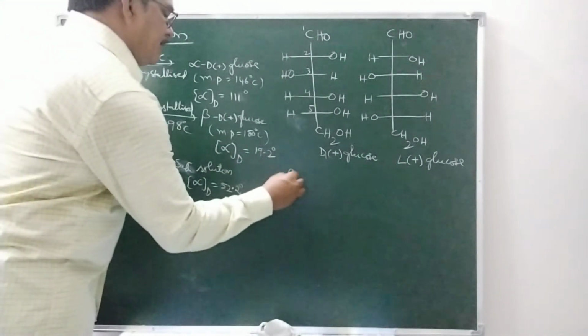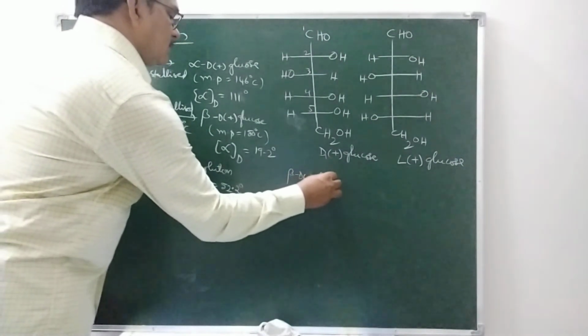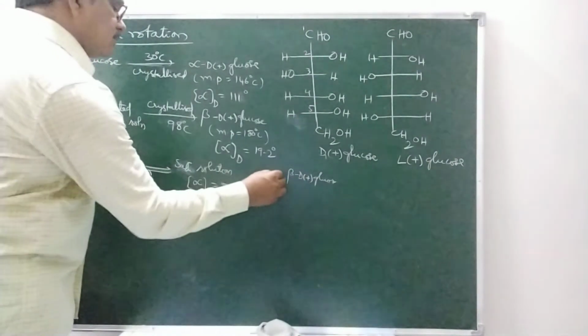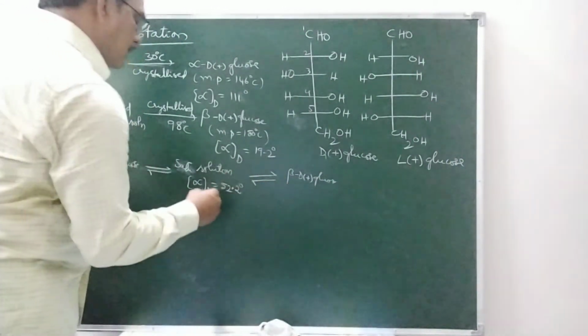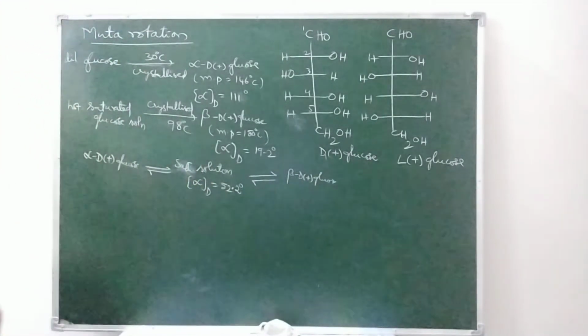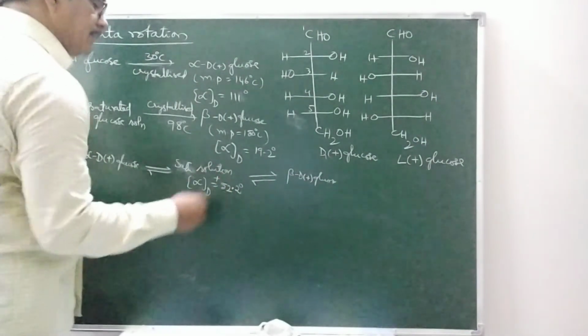Similarly, if beta D glucose is also dropped in water, then it also will give a saturated solution, an equilibrium mixture, whose alpha D is plus 52.2 degrees.